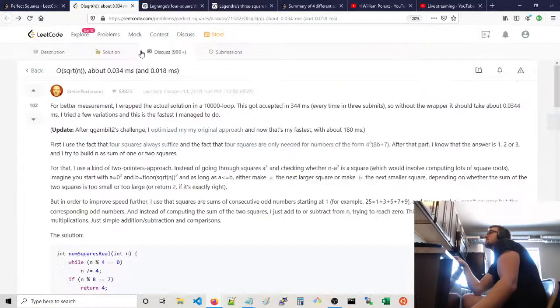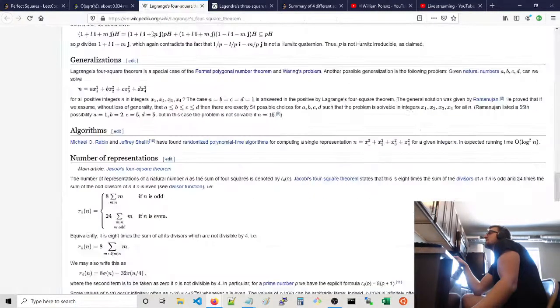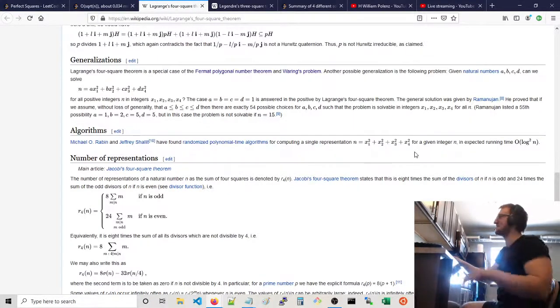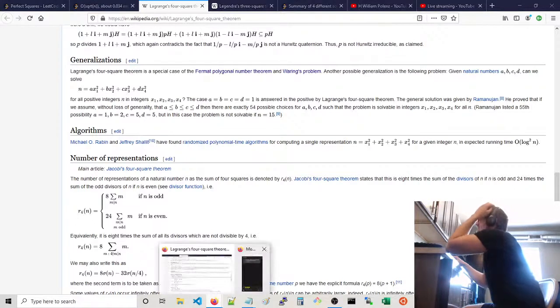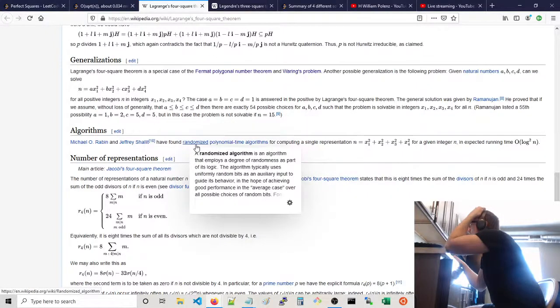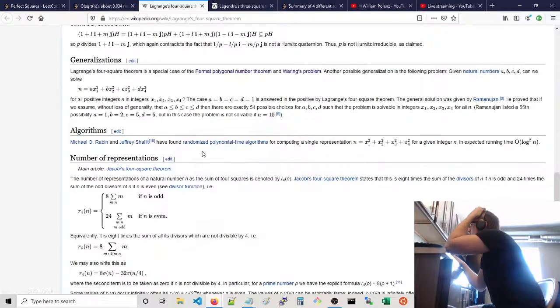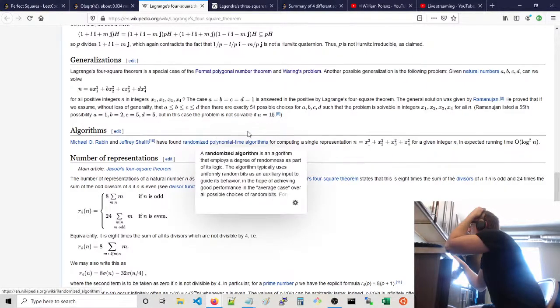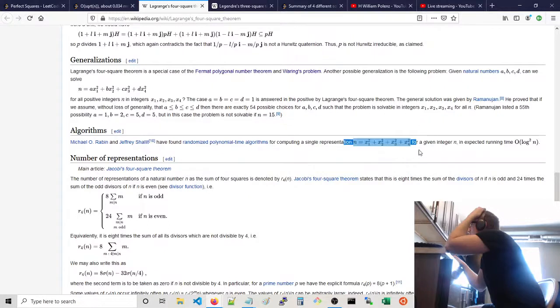This is only square root of n. You can go even faster. You can go even faster. No kidding. Wow.